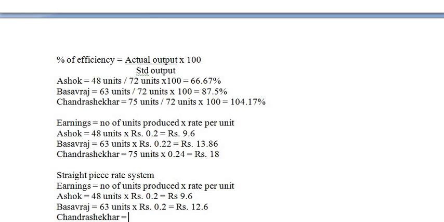He has produced 75 units, and again basic piece rate is applicable, that is 0.2, that is equal to rupees 15. So this is how we calculate earnings under straight piece rate system.